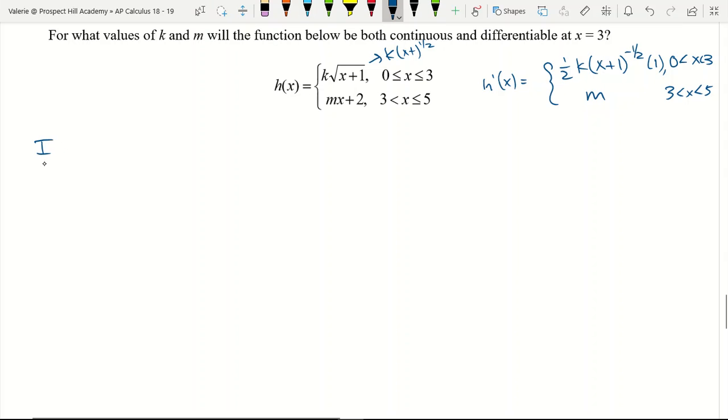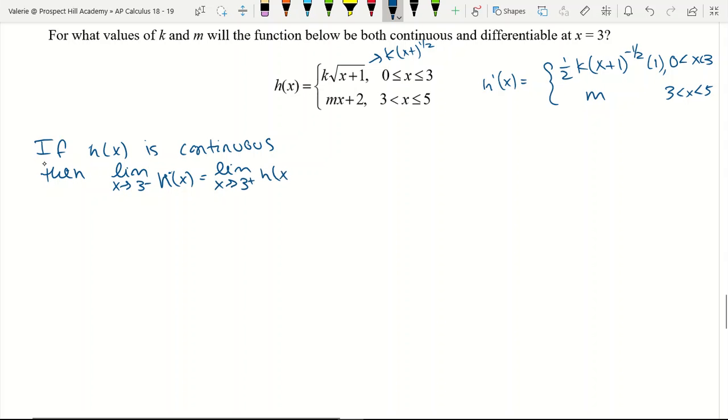So if h of x is continuous, then the limit as x approaches 3 from the left of h of x must equal the limit as x approaches 3 from the right. Okay, so we're going to set those two things equal. So we have k square root x plus 1 is going to be equal to mx plus 2.